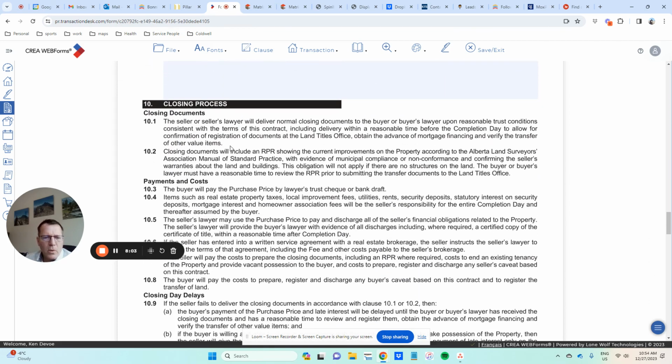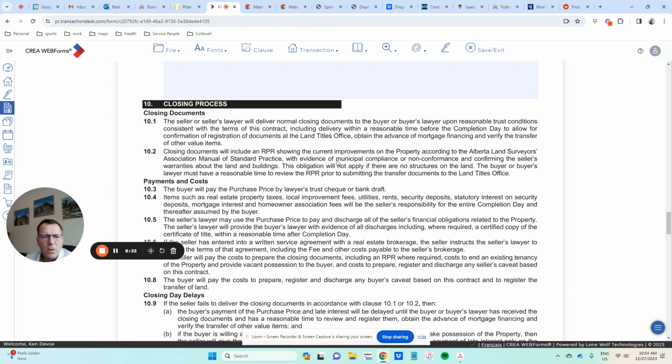Now, the closing process is a long-winded thing that lawyers go through, and I won't talk too much about it here, but I'll explain everything when we are together signing the contract. But section 10.2 talks about the real property report, and basically the seller is supposed to provide us with a real property report showing the current improvements on the property.